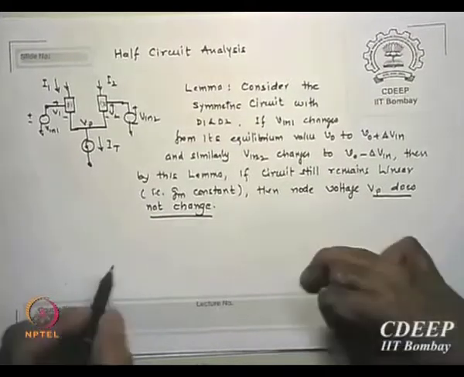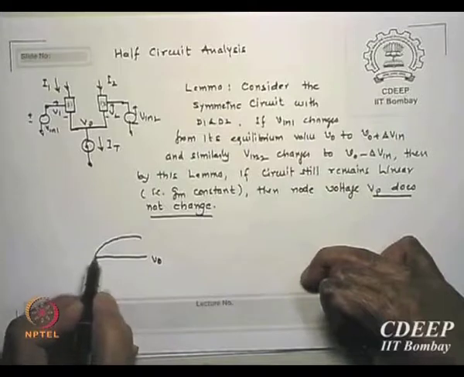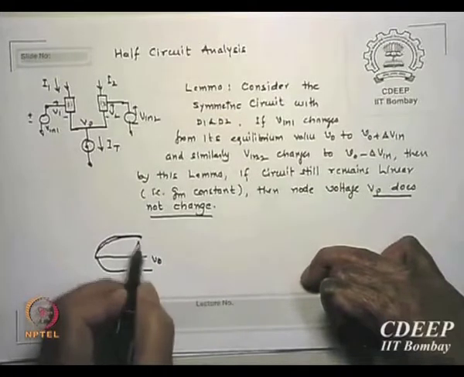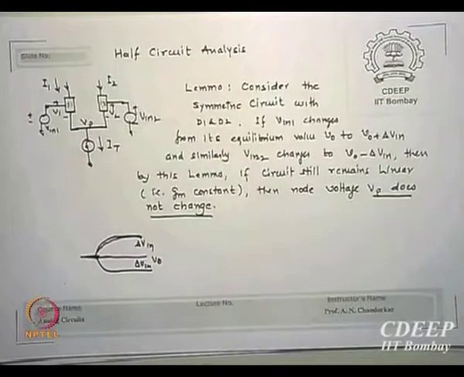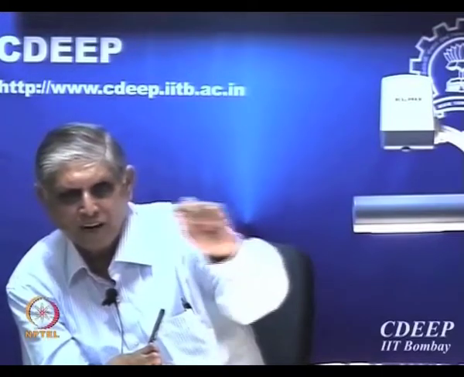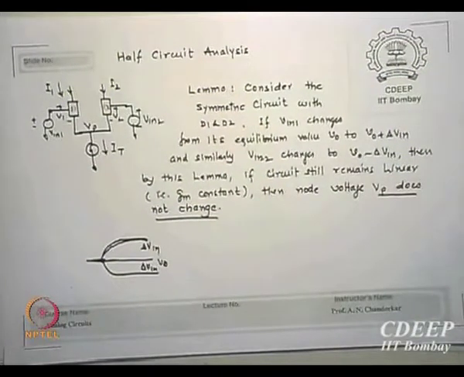Essentially what I am saying, if this is your average value V0, the Vin changes by either delta Vin or by minus delta Vin. Is that correct? This delta is small, that has to be understood. Vin has the average value of V0, at times it goes plus delta Vin, at times it goes minus, there are only two values it can take, V0 minus delta Vin or V0 plus delta Vin as the two values it can pick up, okay.